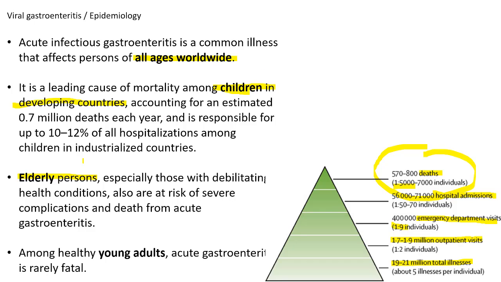So children and elderly people are where those fatalities from gastroenteritis usually come from. While for healthy young adults, acute gastroenteritis is rarely fatal and can be managed with rehydration.